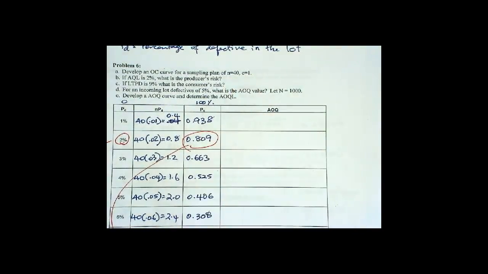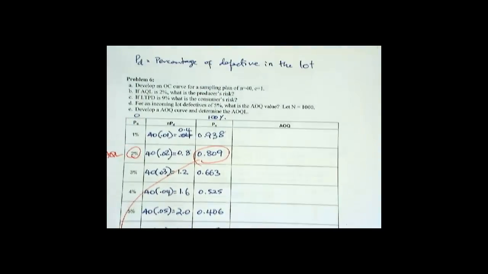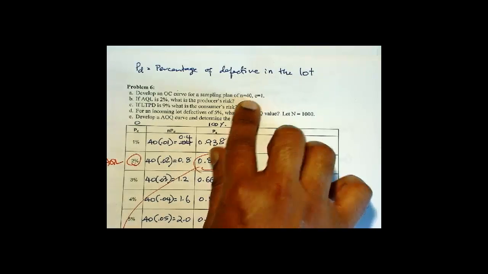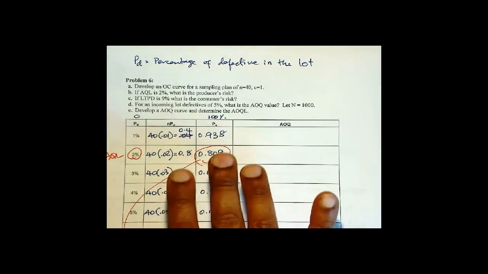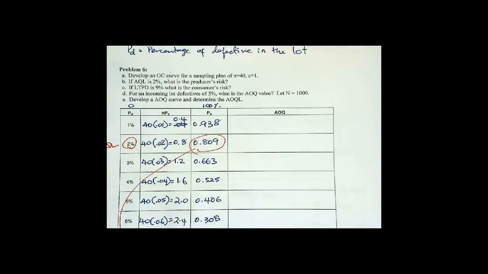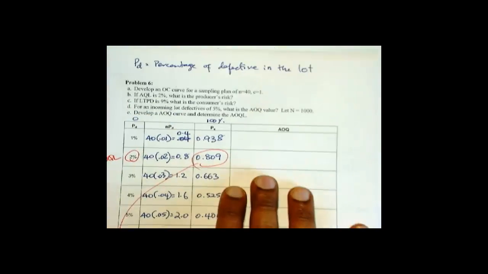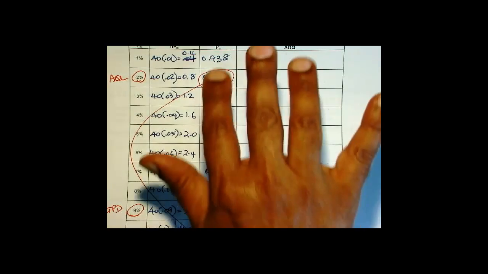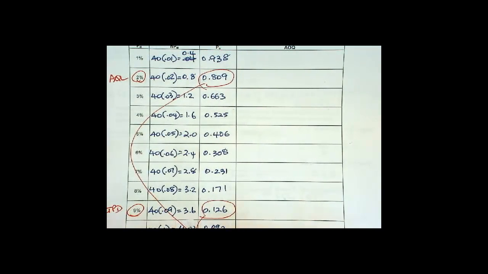If this is not acceptable, you want this to be reduced, then you have to change the sampling plan. So if you set this up in an Excel spreadsheet, you can change the values of n and c until you reach an n and c value that will be acceptable to both the vendor and the consumer.